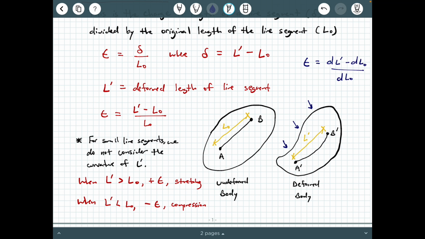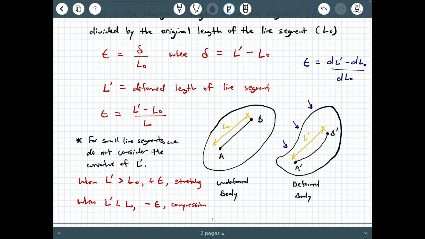If you want to look into the background of this, you're applying the limit of the difference quotient to this formula. If you remember from Calculus 1, the limit of the difference quotient gives you a derivative, and so that's how we come up with this version of the formula. So this is our background of normal strain.